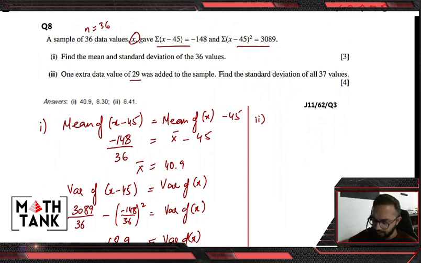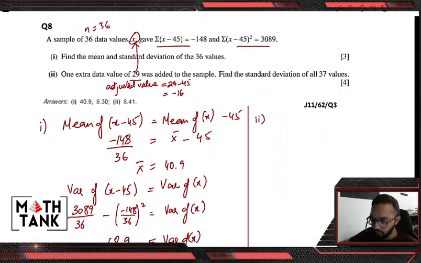Now, you see one extra data value of 29 was added. So this value is actually a value of x. Here I have the sums of the adjusted values. So can I say that the adjusted value that was added to the data set was 29 minus 45, which was basically minus 16.